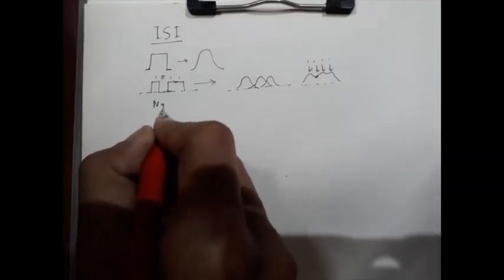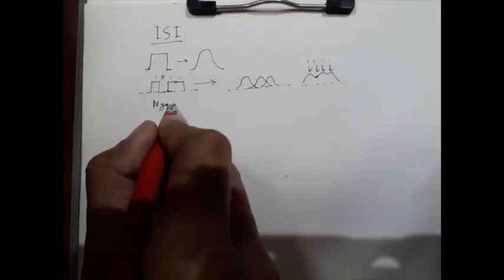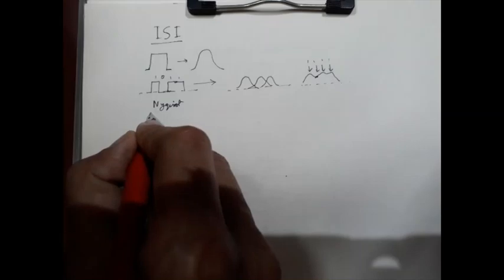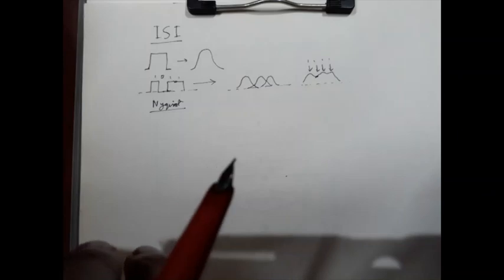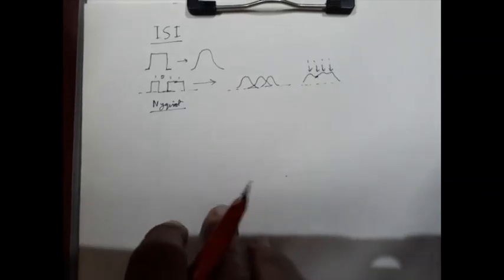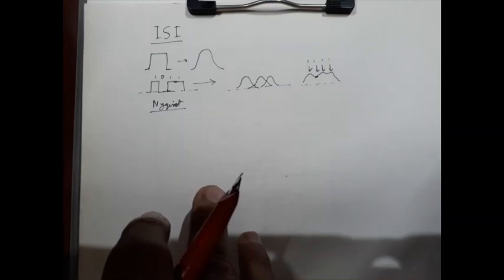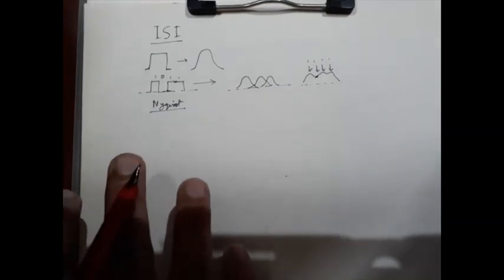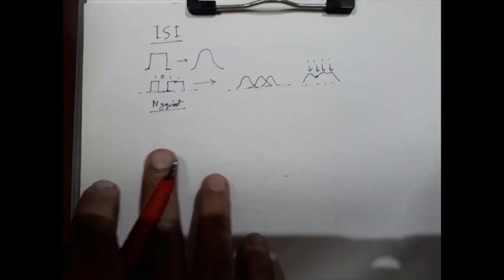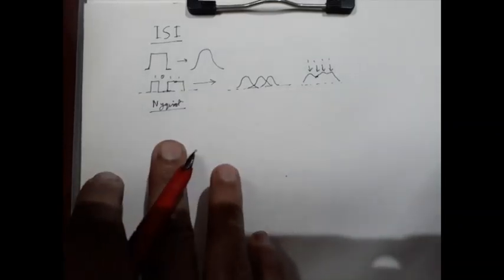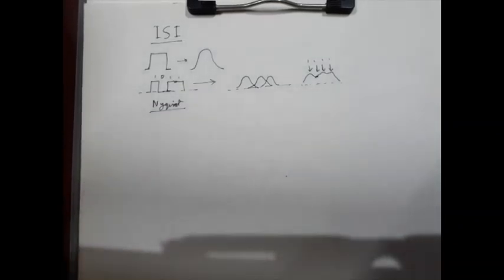So Nyquist first discovered different methods for pulse shaping that could be used to eliminate ISI. Out of these, we will discuss just the main portion of what Nyquist has proposed.